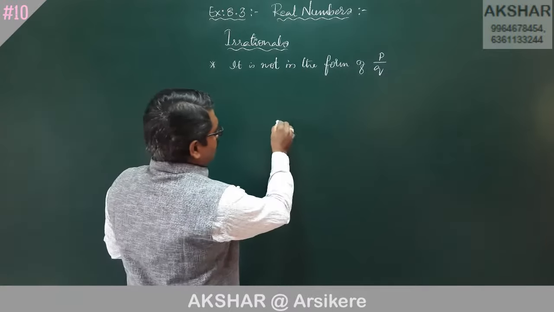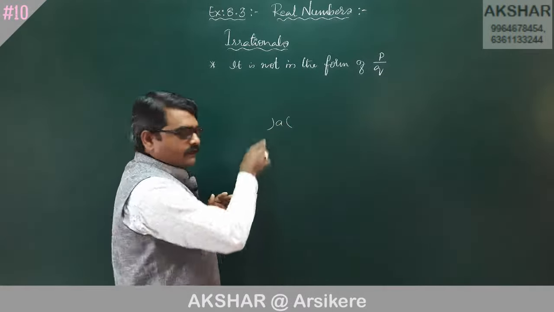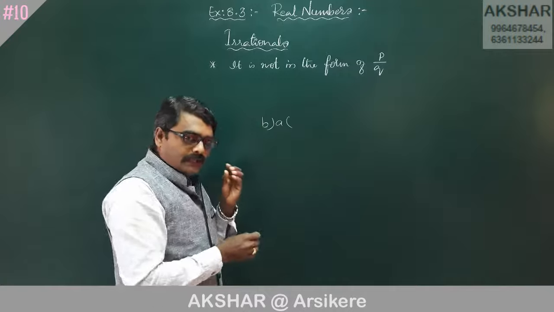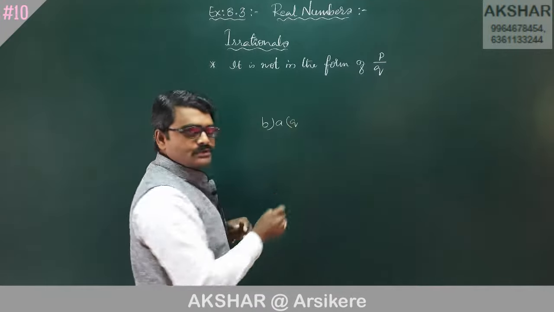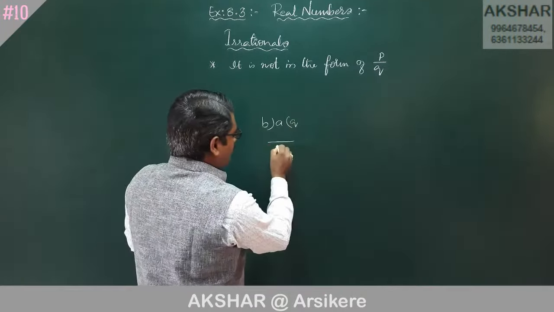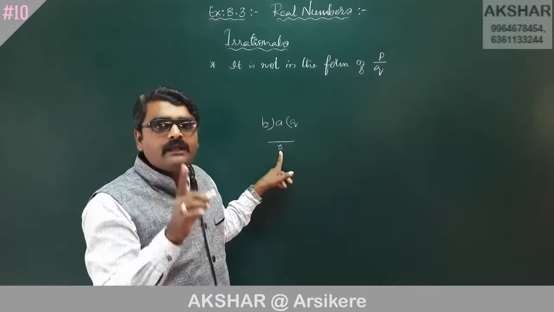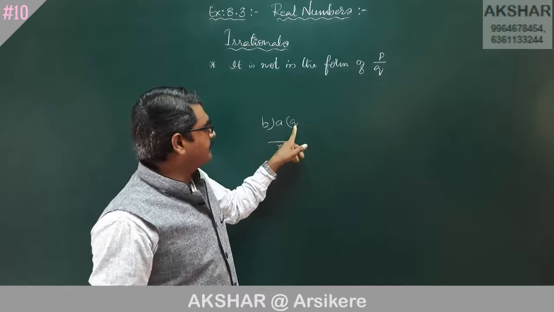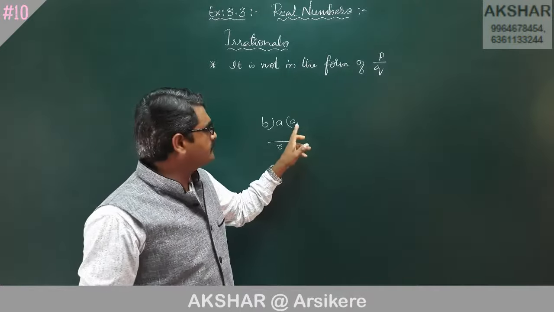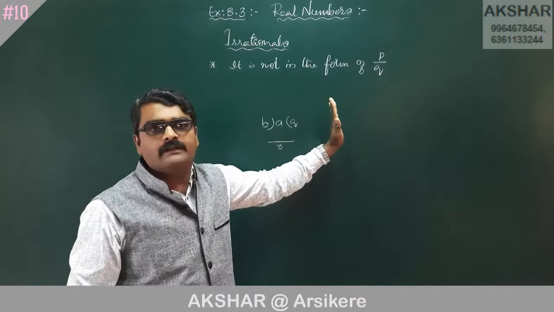For example, A is a number. If you divide this by B, you obtain quotient Q. Then the remainder R should be 0, which means it is terminating, which means the quotient stopped somewhere.